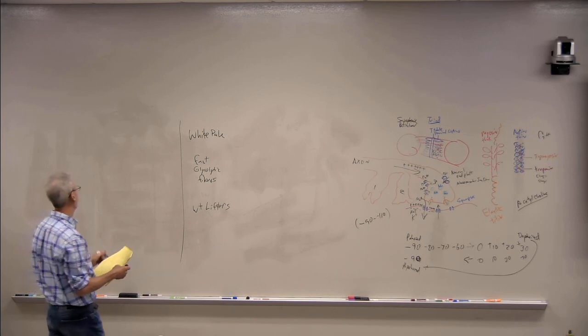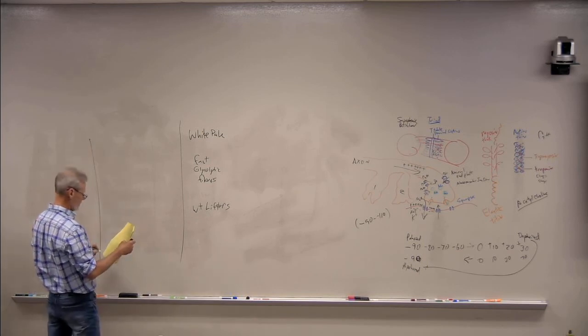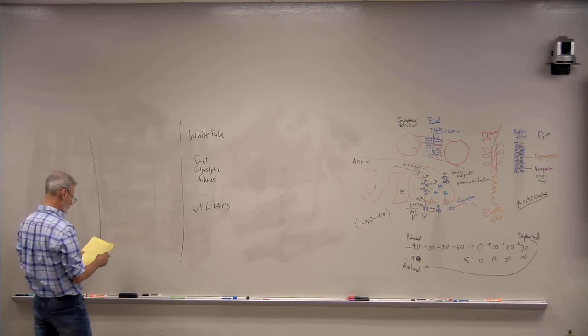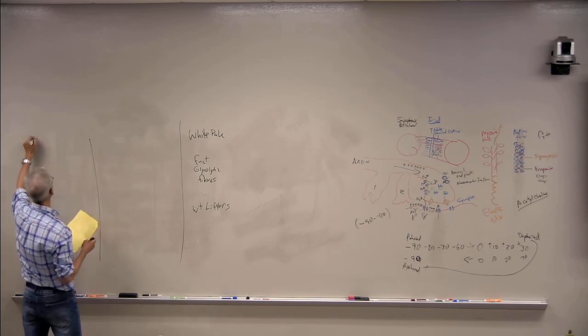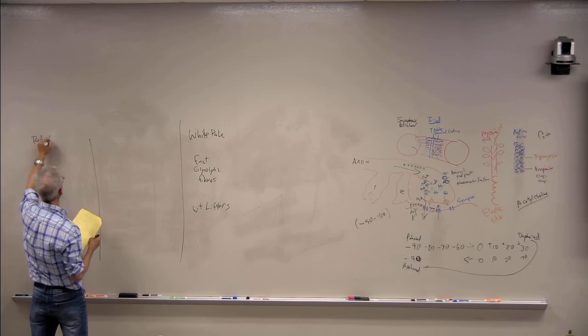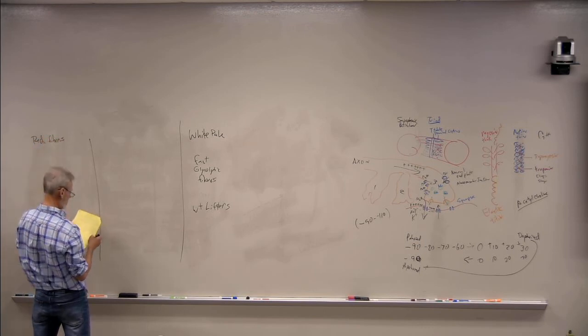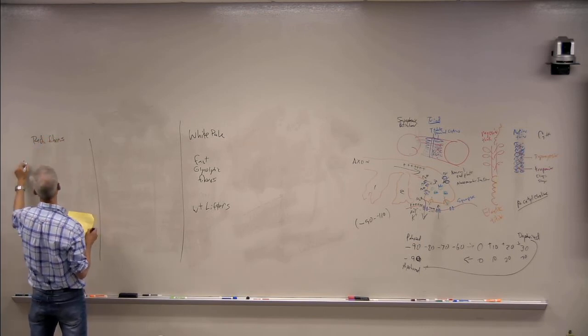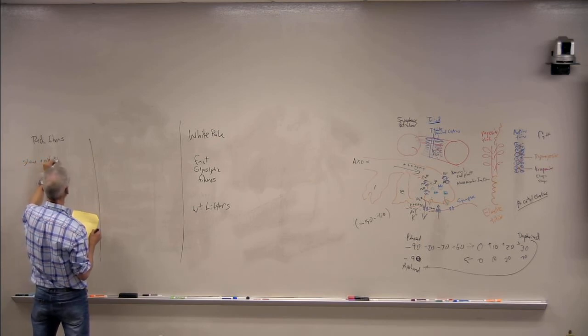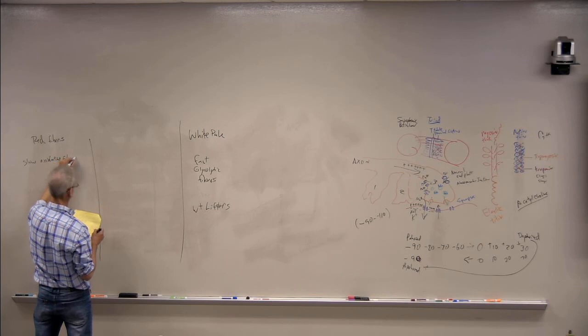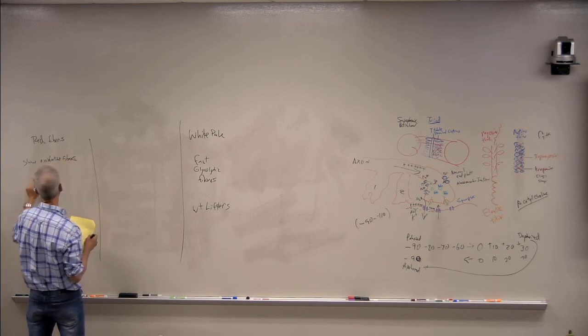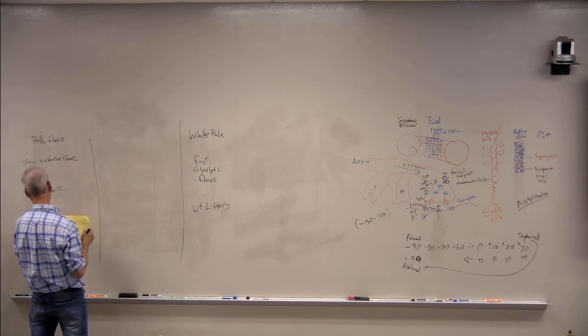On the other side, you have the guys with the red fibers. Yes? And they are the slow oxidative fibers, right? And these are the aerobic athletes, the marathoners.